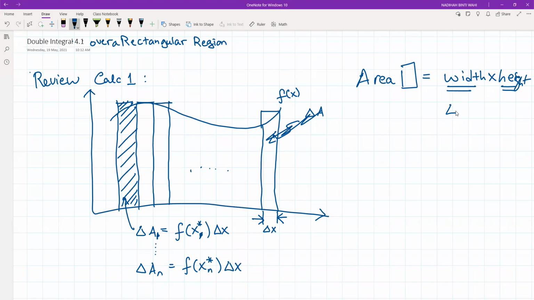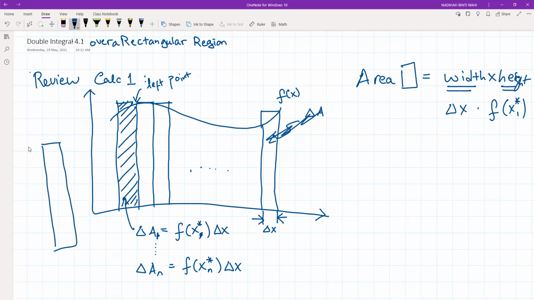Base dia adalah delta x and then height dia adalah f(x) at certain points, let's say x1 star. Okay, kalau dalam kes ni, kalau saya ambil x star sebagai endpoint, so ni adalah left point. So saya boleh buat f ni, dia macam kat sini. So saya ambil kat sini.